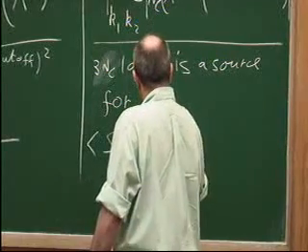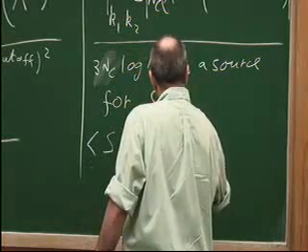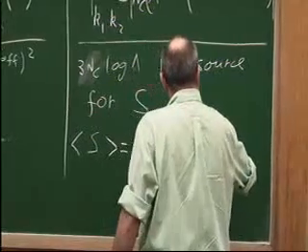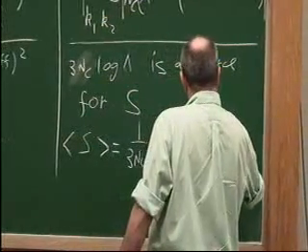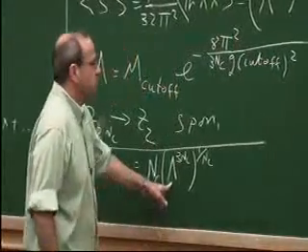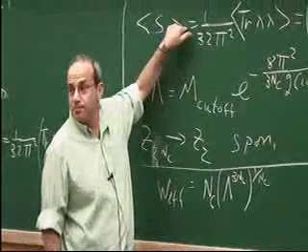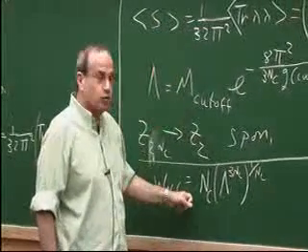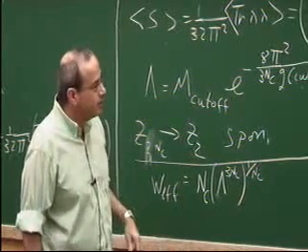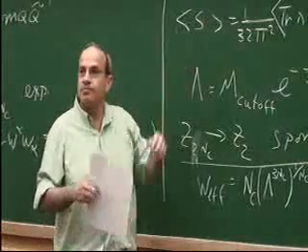So it's 1 over 3nc d by d log lambda W effective. And indeed, if you take the derivative from here, this logarithmic derivative, you end up with this formula. So this is yet another interpretation of this formula. It is such that if we differentiate it with respect to log lambda, we derive the expectation value.